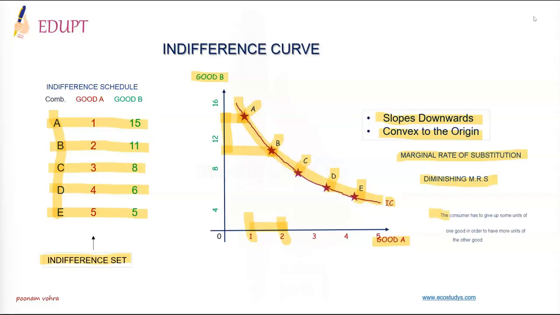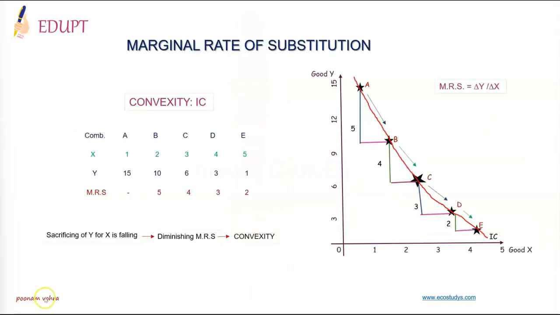That is, the consumer has to give up some units of one good in order to have more units of the other good. Let us understand the concept of marginal rate of substitution.